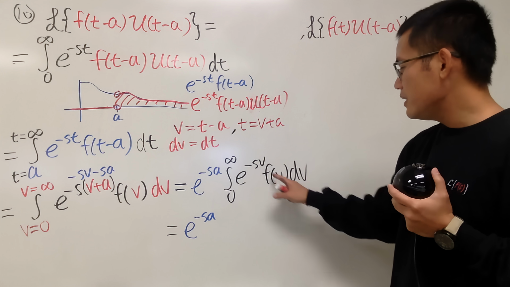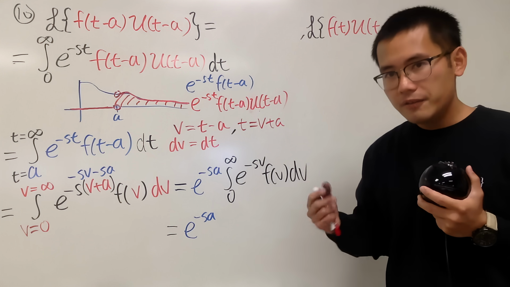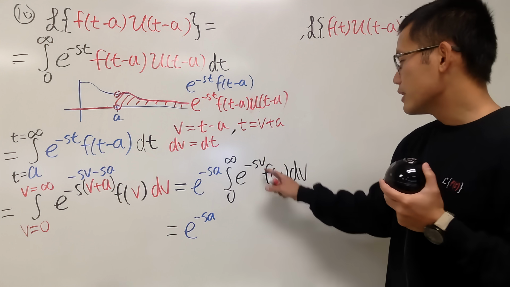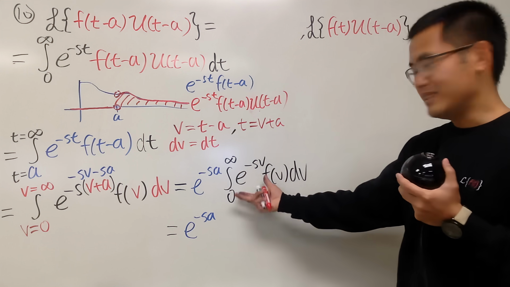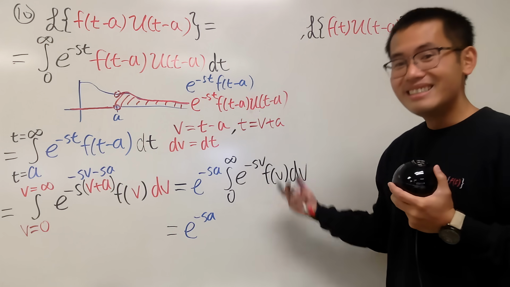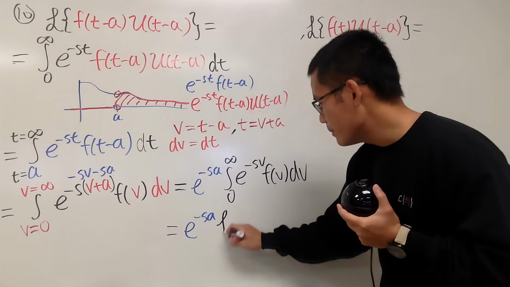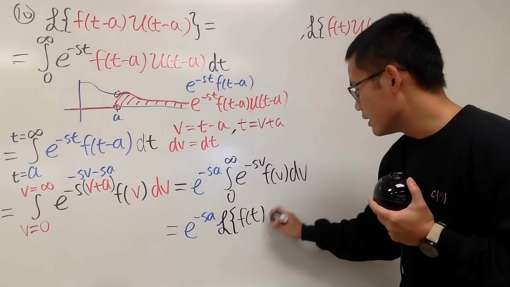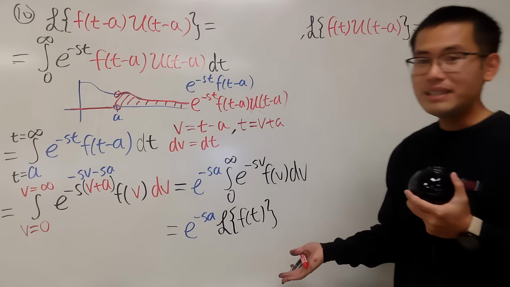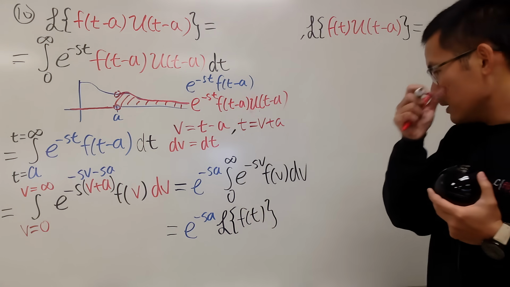Even though I'm using v, and v right here, v is just a dummy variable. As long as you have this, and that being the same, well, it still goes from 0 to infinity. This is still going to be the Laplace transform of our function, which is f of t, like that, right? So this right here is it.